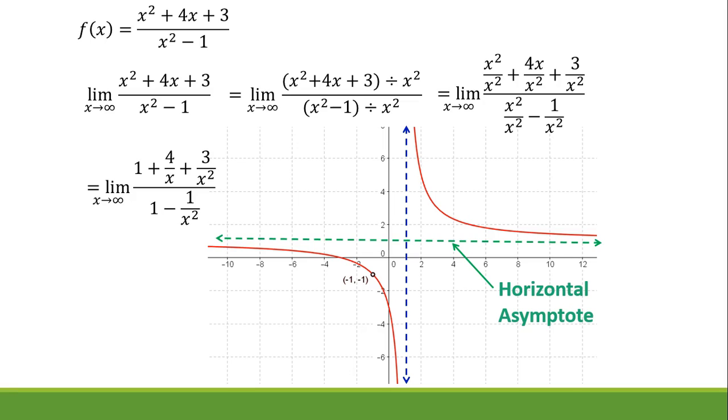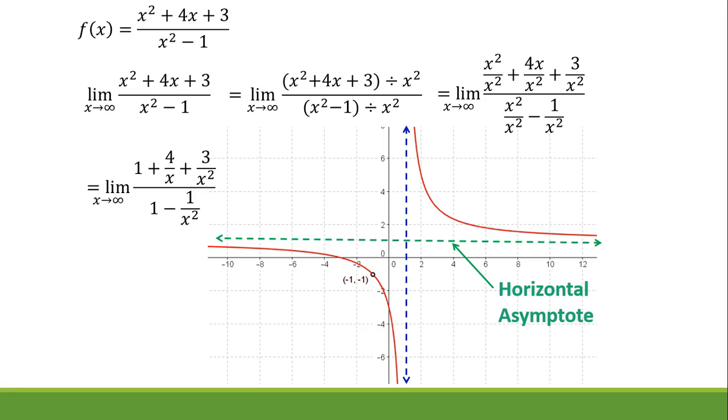Now here's what you need to think about. As x gets very, very large, the fractions that have the variables in the denominator get very, very small. For example, in the numerator of this fraction, we see a 4 over x.